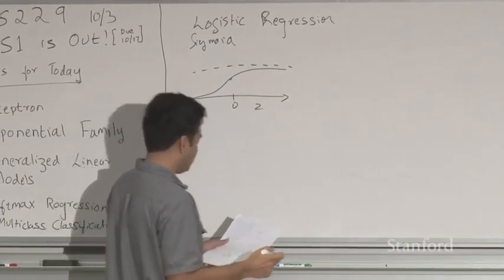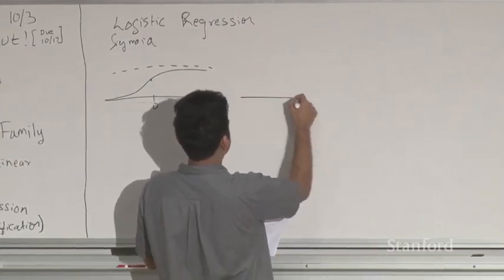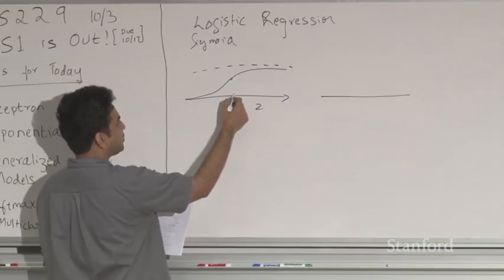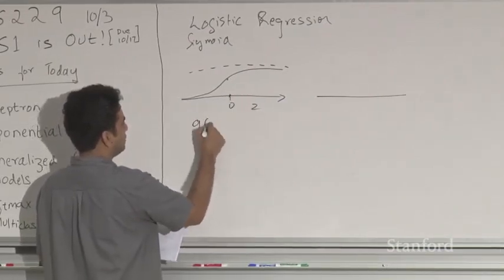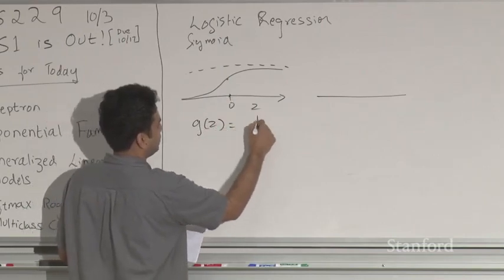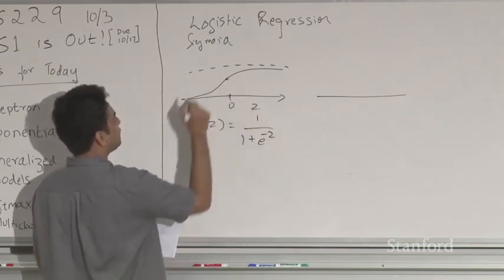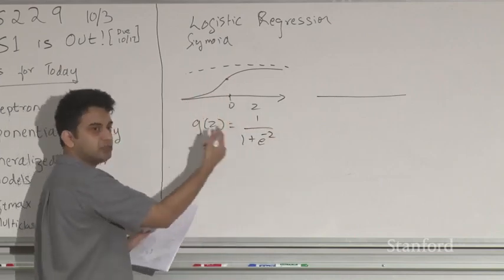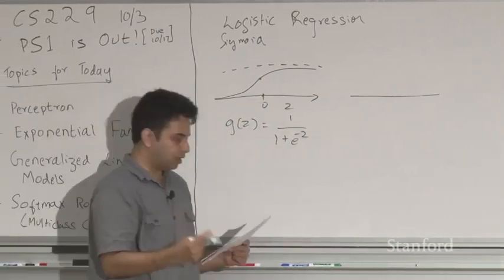In the sigmoid function at z equals 0, g of z is a half, and as z tends to -infinity, g tends to 0, and as z tends to +infinity, g tends to 1.